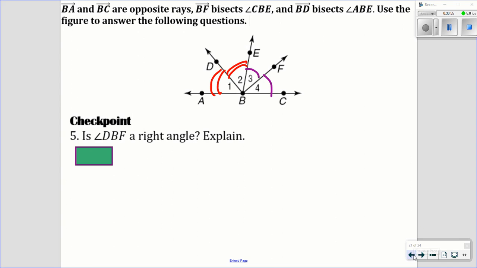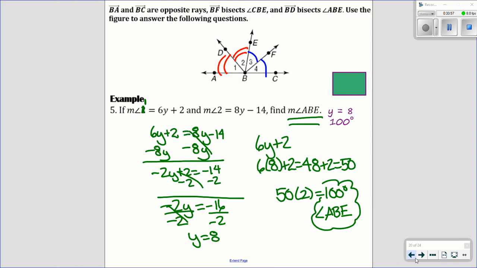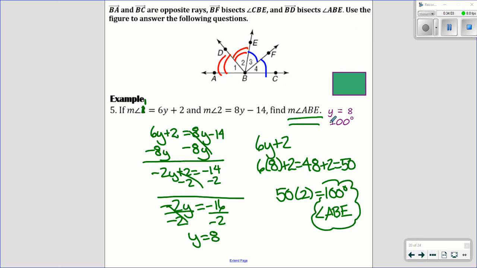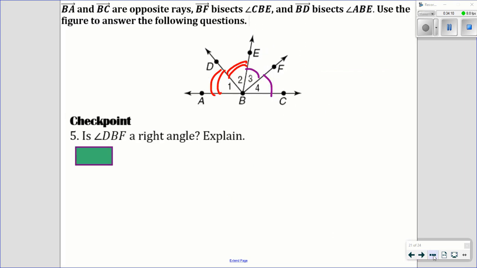So let's go back to this problem. Based on this one, we notice that this is 100 degrees. So I'm going to go back and I'm going to label it as 100. So this whole thing here is 100 degrees.